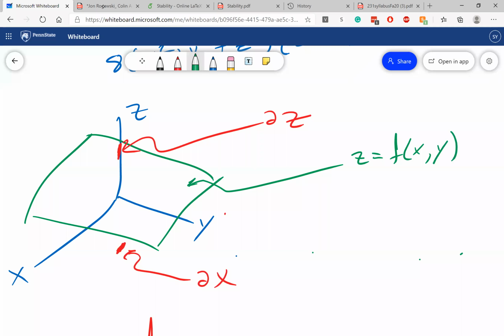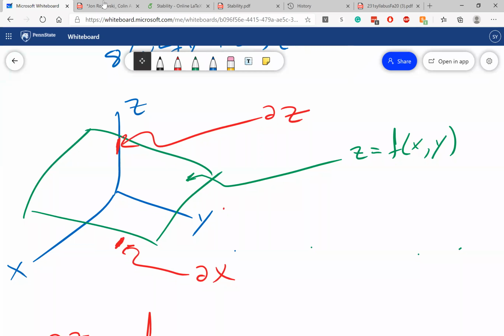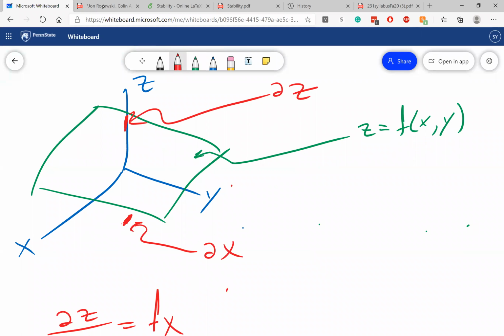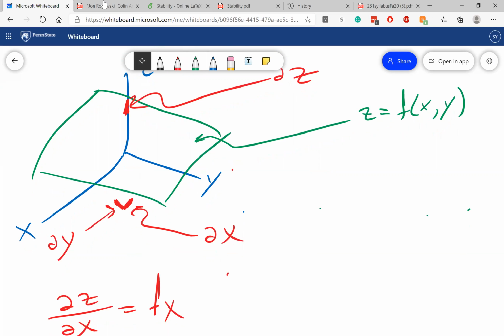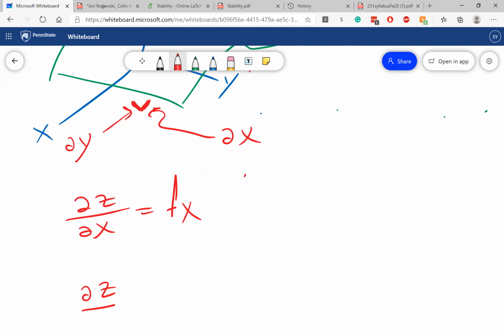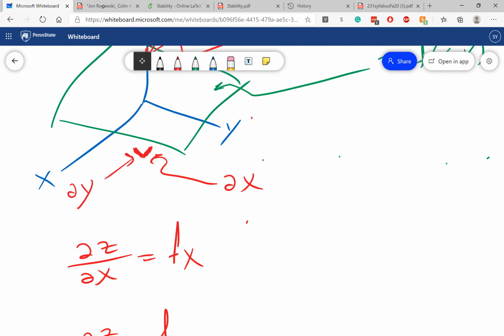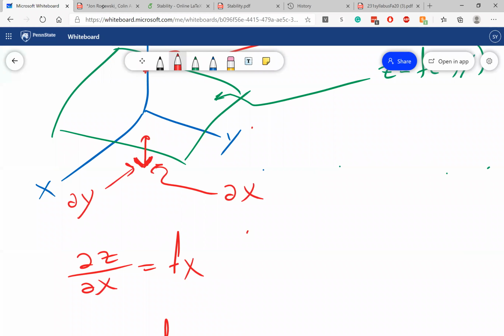We also said that you can take a small step in the y direction, and that would also change something in the z direction. We can ask the same question, partial z with respect to y, which would be just the partial of f with respect to y. But what happens if I want to go in the direction of some vector?